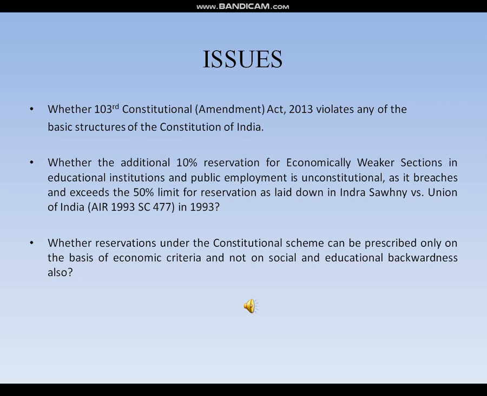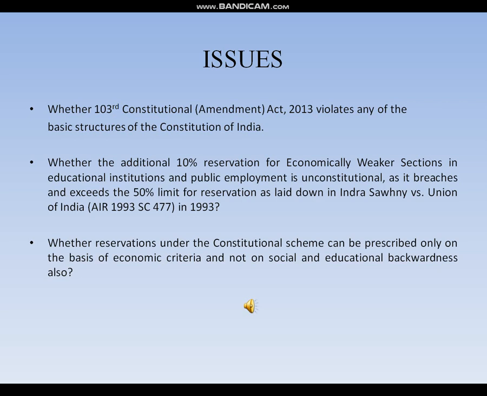Now, Indira Sawhney, I had asked you all to go through this case because of this particular reason. Indira Sawhney case talks about reservation plus a reservation limit. So here the issue is whether this additional 10% that is being created breaches this particular 50% limit or not. Okay, so we will also discuss Indira Sawhney in some time.